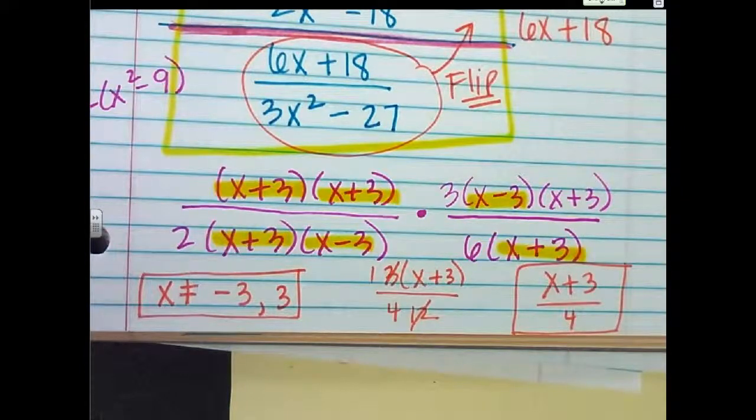Okay, the second one also. There's 1 over 3. So that's 2 over 3.